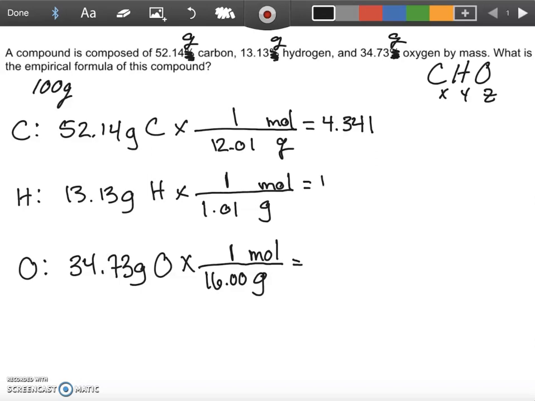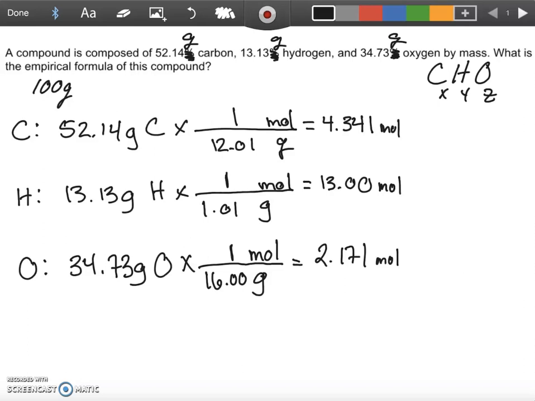Yep, 13.00 to 4 sig figs. And then 34.73 divided by 16, I'll put that in wrong, 34.73 divided by 16. This is going to be 2.171. And these are moles.